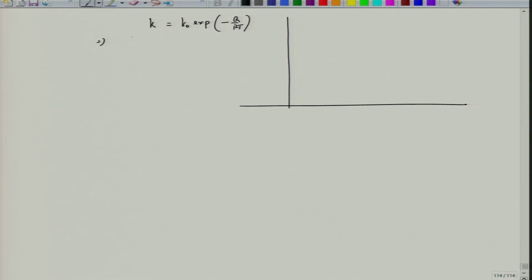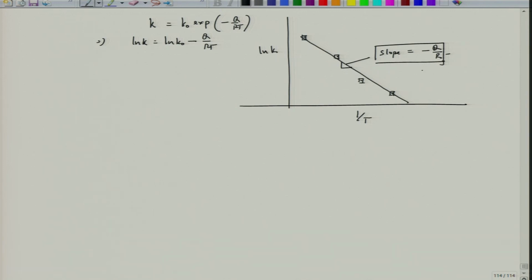So, now I can write ln k equal to ln k 0 minus Q by RT. So, I can plot ln k at 4 temperatures. I will get these 4 data points, and then I can do a linear approximation, and after doing that I will get the slope, which will be nothing but Q by R. R we know, R is nothing but 8.314 joule per Kelvin per mole.